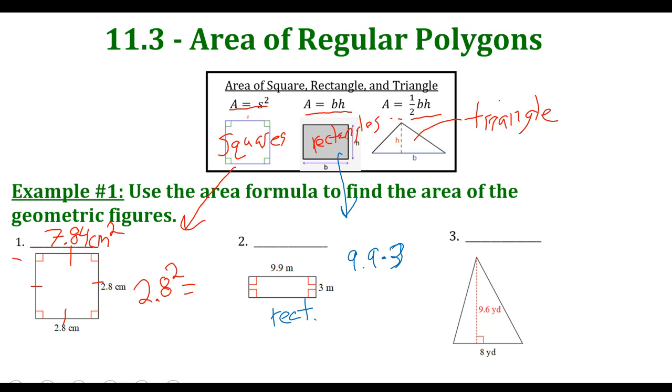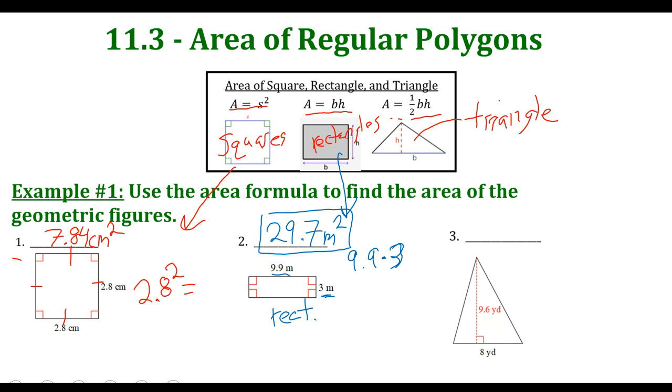That will get you, in your calculator, 29.7 meters squared. Right, notice we're just punching in the different letters for their values. We said base was 9.9, so we punched in 9.9 for the base. The height was 3, so we put that right into the formula.